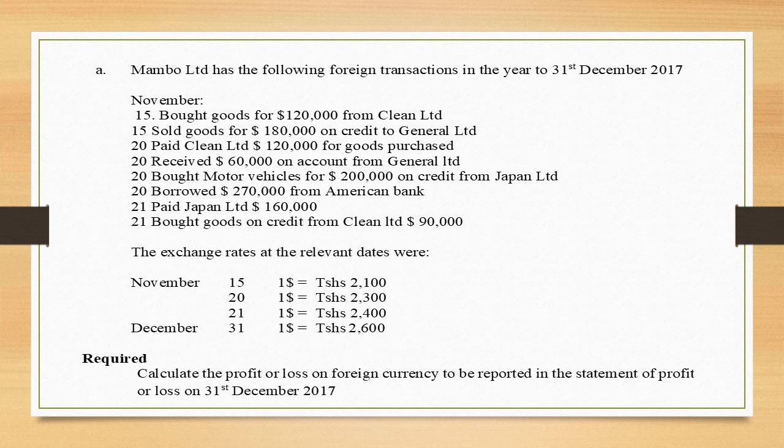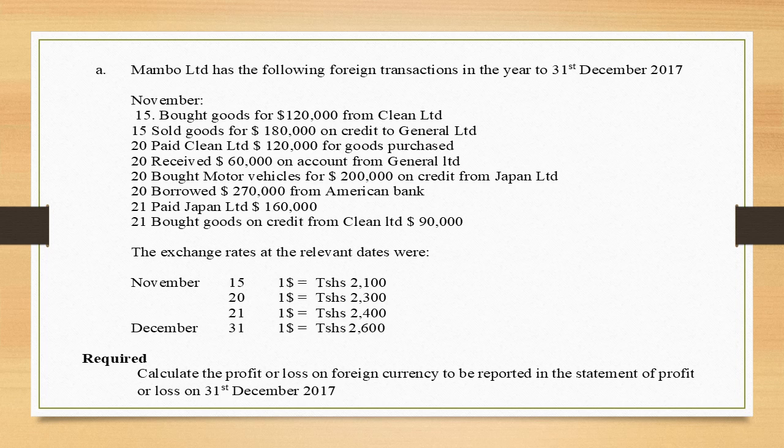But again, on 20, we bought a motor vehicle for 200,000 on credit from Japan Limited. Again, on 20, we borrowed 270 US dollars from American Bank. And on 21st, we paid Japan Limited 160,000.